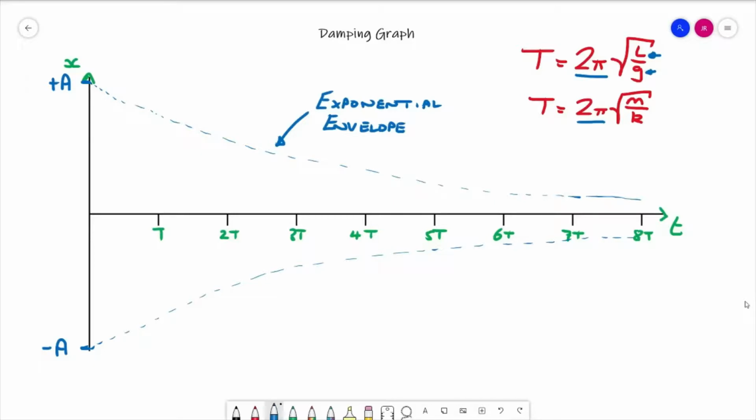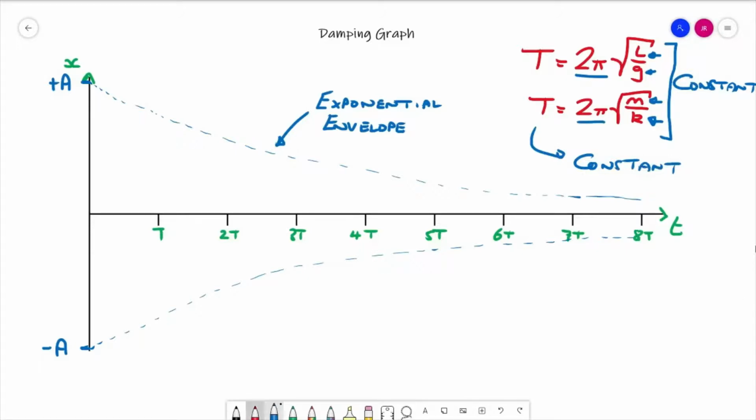As long as you don't move the pendulum while it's undergoing damping, that will also be a constant as well. Exactly the same goes for the mass on a spring. The mass doesn't change due to damping, that's a constant. And the spring constant, well, the clue's in the title, it's a constant as well. What we see then is that for both equations, everything on the right hand side is a constant, and therefore the time periods must also be constant.